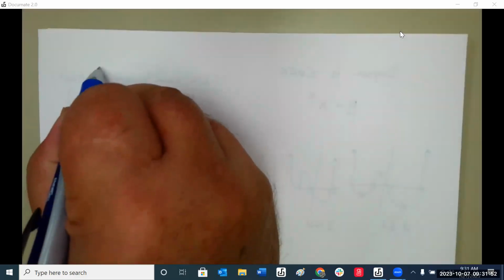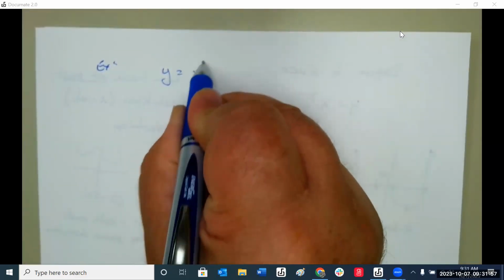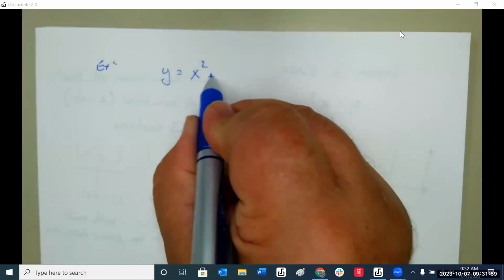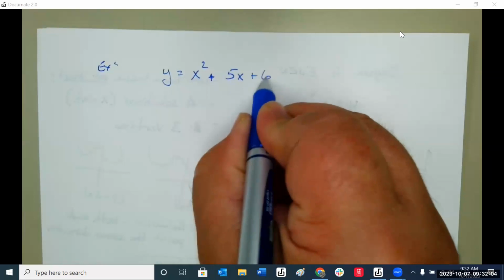Let's begin with something easy. Y equals x squared plus 5x plus 6.